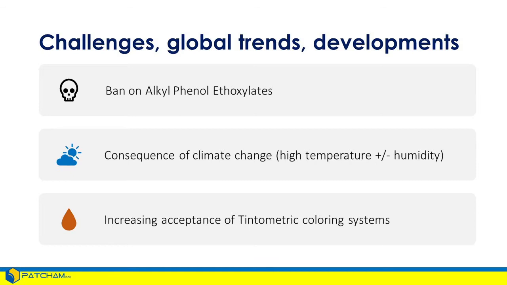And then another global impact that's being accepted as a benefit to the raw material suppliers and our customers who sell the paint is the increasing acceptance of the tinting color system. It's referred to as the tintometric or the POS colorant, point of sales.